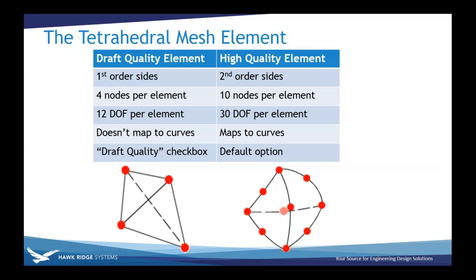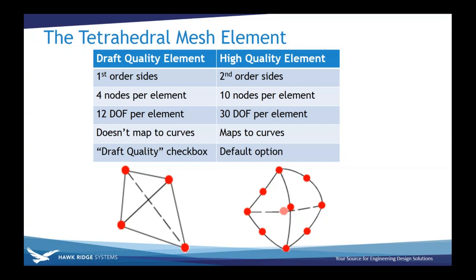Now, that means it's capturing substantially less stress information for the same size of element, but the counter to that is that it solves really quickly. So I typically use the draft quality element for testing purposes. If I want to see if I've got the right restraints in my model or something like that, I will use that draft quality element just to fail faster or make those mistakes more quickly.